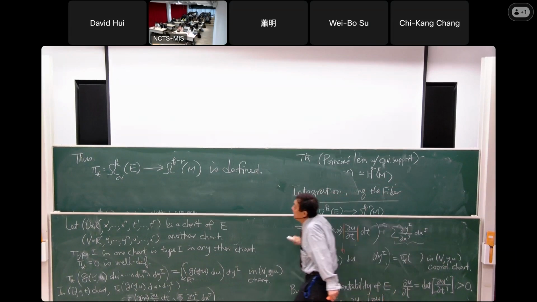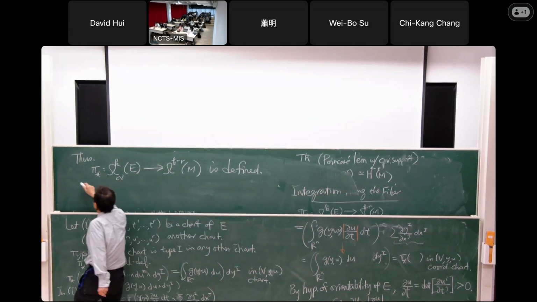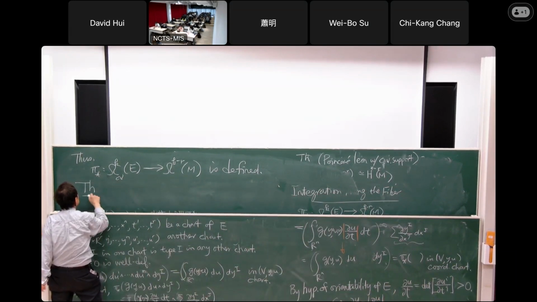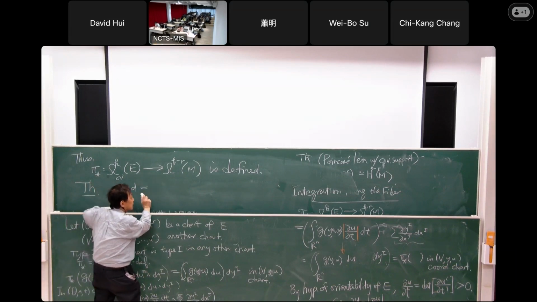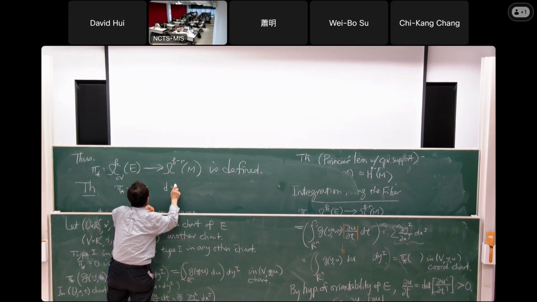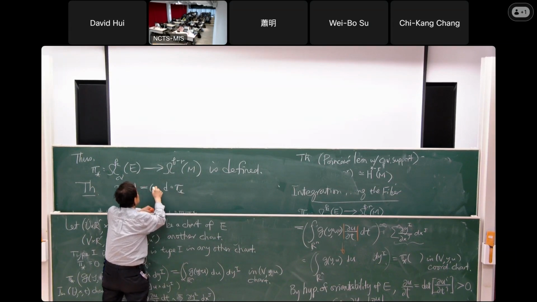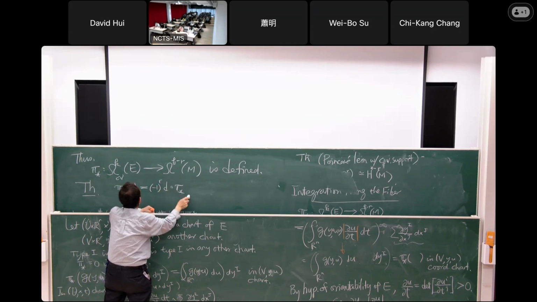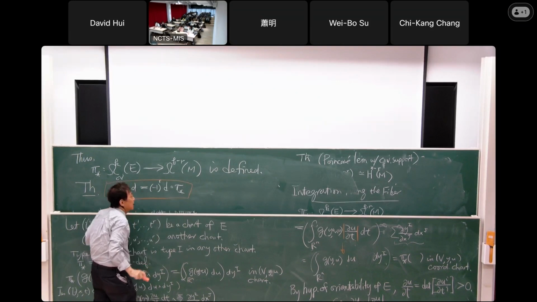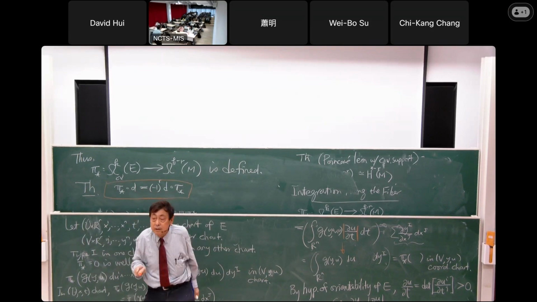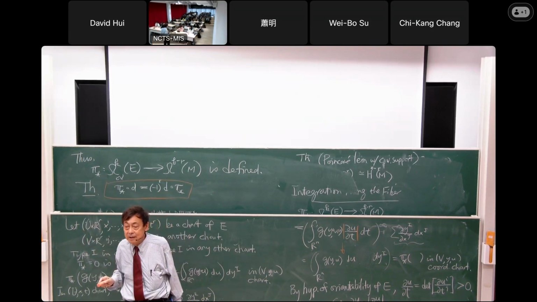Then the next theorem is that pi lower star does not commute with d, but there's a sign. Now, in the book, there's no sign.